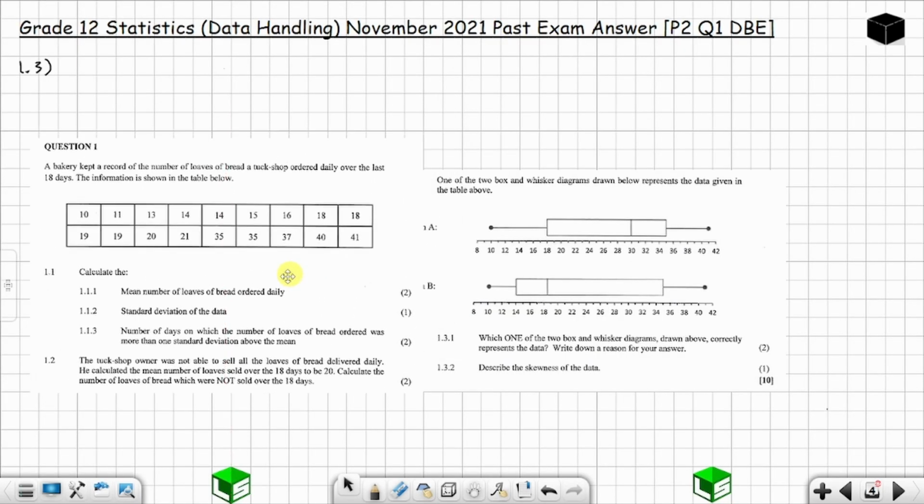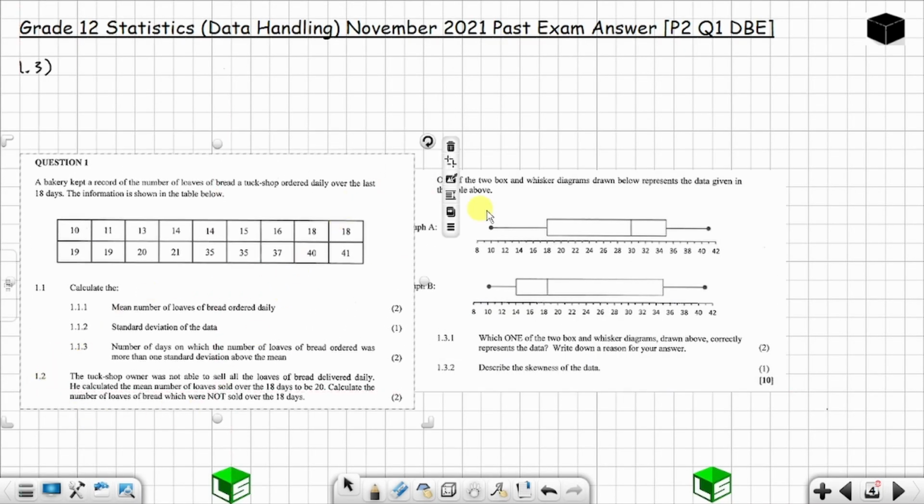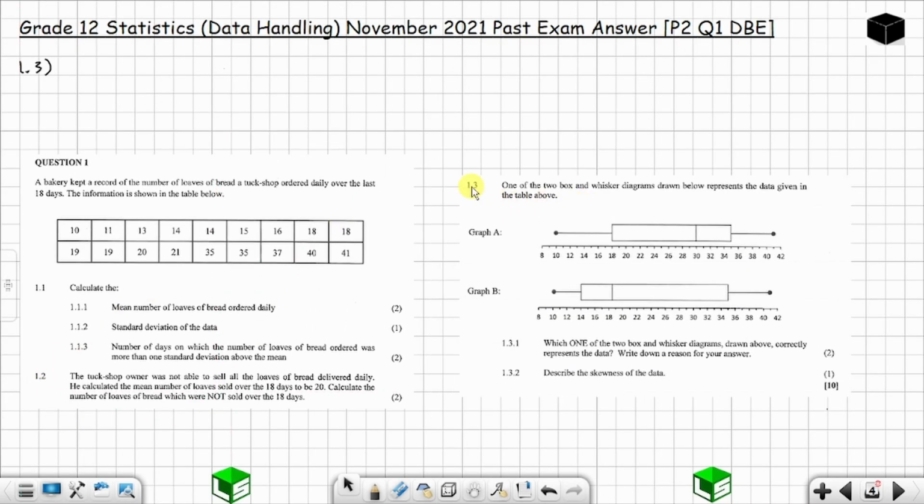You can see the question continues to this 1.3. So they are talking about this table. Okay. And we have two box and whisker diagrams. You can see. So you have graph A and graph B.